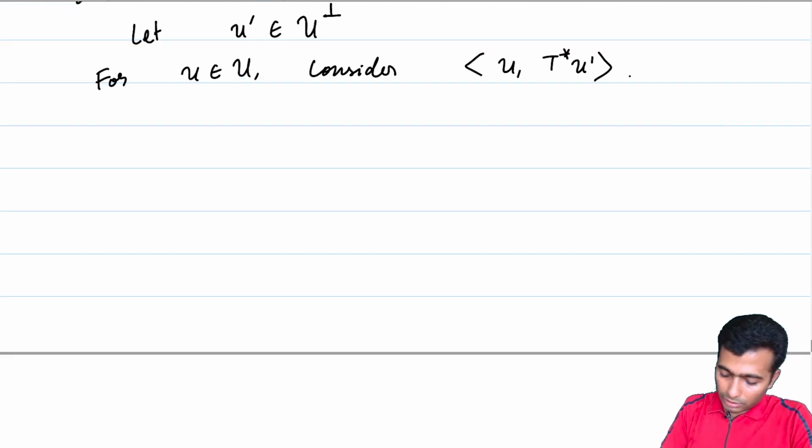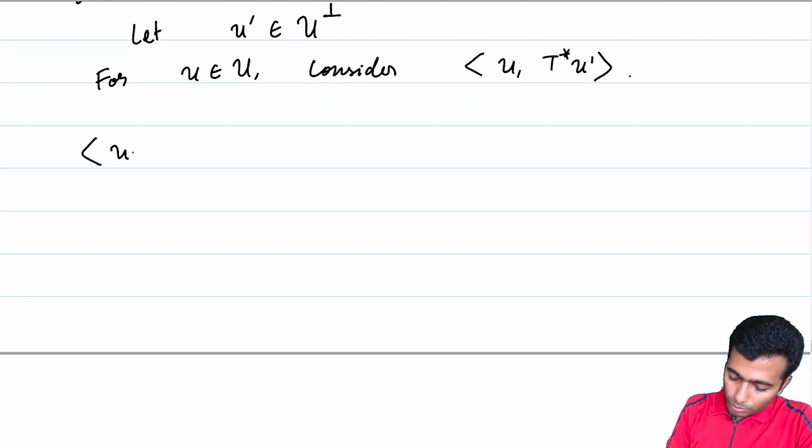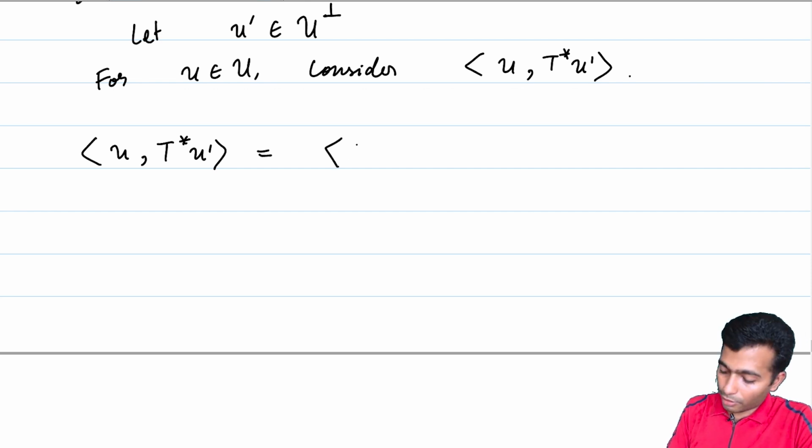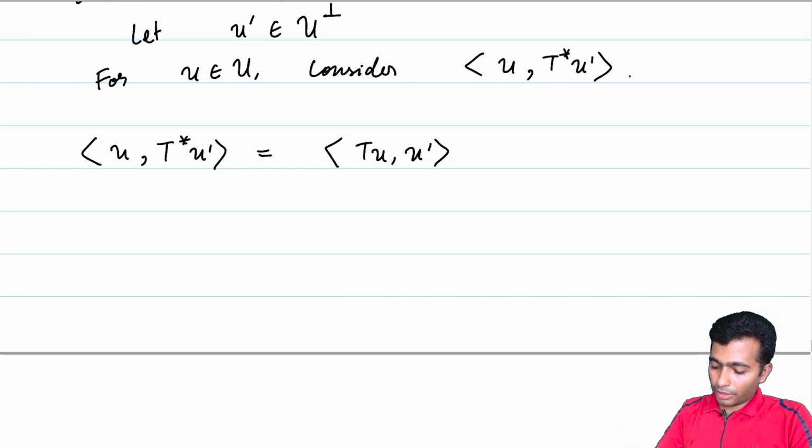Okay, but what does this mean? This is just equal to, by the property of the adjoint, the inner product of T(u) and u prime. So recall that u prime belongs to the orthogonal complement. u is in capital U and capital U is T invariant.